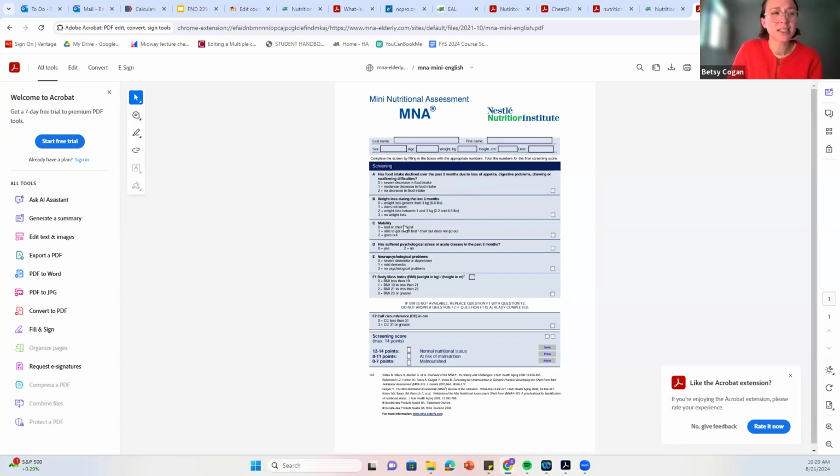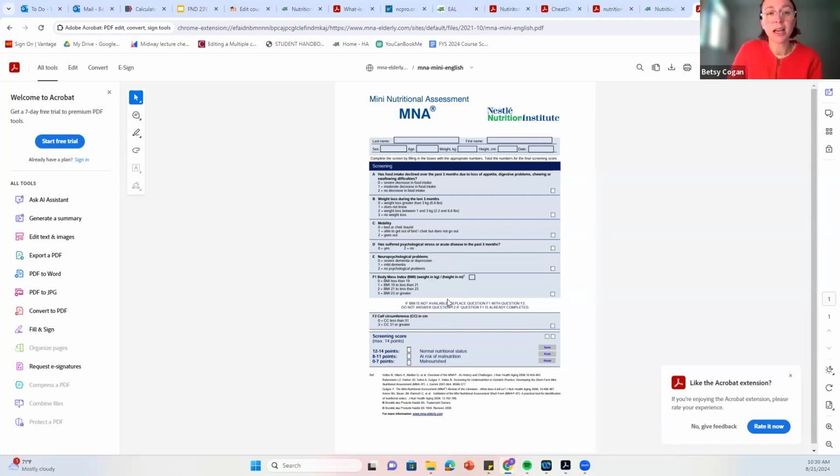Mobility differences. So we're assessing maybe from notes or maybe from observations of the patient again, right? Are they mobile? Can they move? Are they chair bound? We're looking at stress or acute disease. These things can also lead to changes in weight and malnutrition. So we're checking that. And then we're looking at BMI.